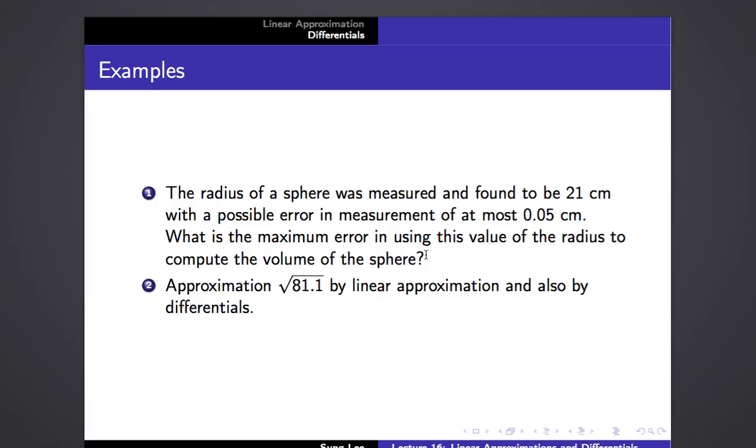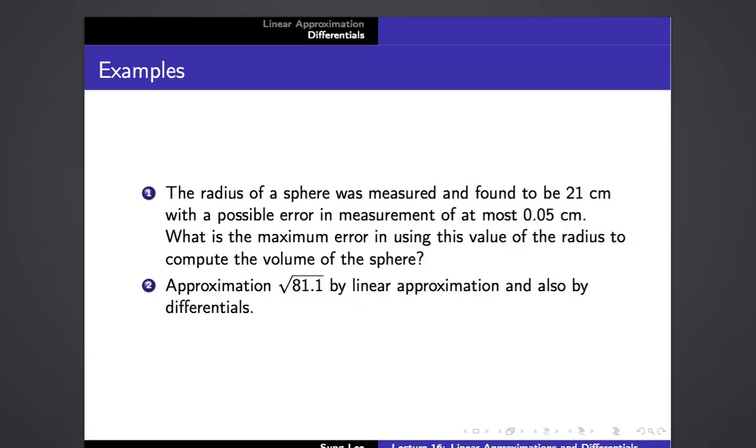With that error bound, the question is: when you measure the radius, it comes with an error, and that error is going to be reflected in the volume of the sphere. So what is the maximum error in using this value of the radius to compute the volume of the sphere? That is the question.